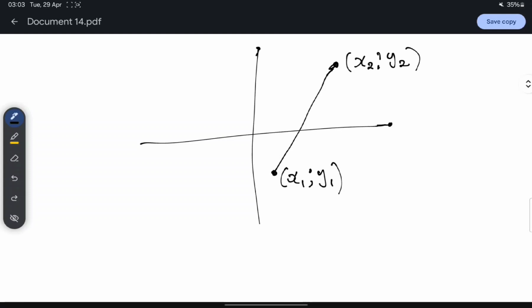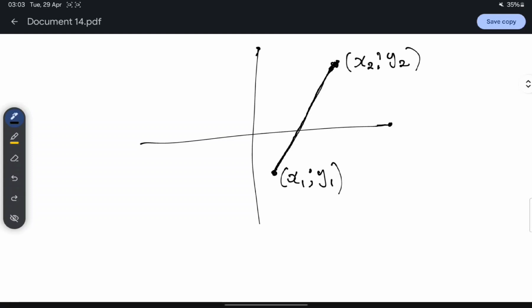I want to find the gradient of this line, which means I want to find the slope, or the change in y per x value. So I'll be looking at how y changes, which means it's a gradient.